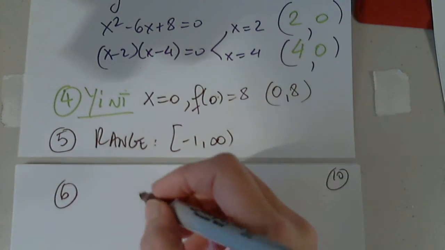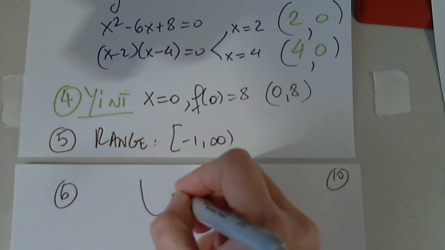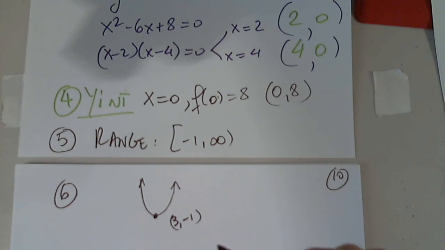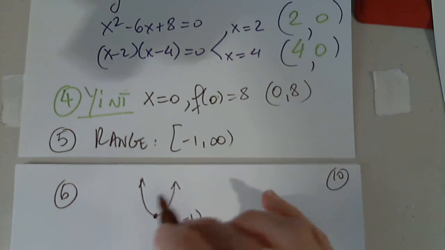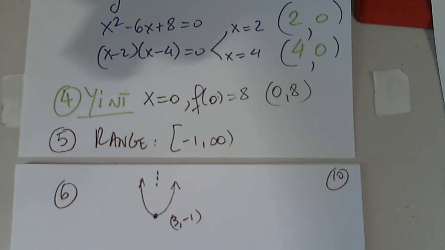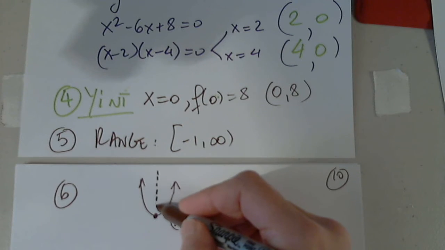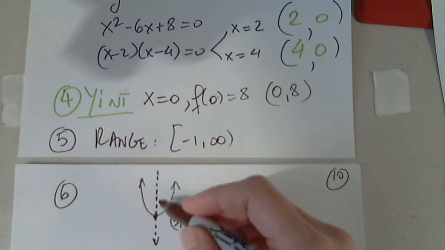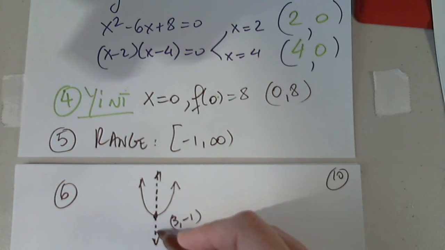So we know that the parabola will look like this. We know that this will be its vertex, which is 3 comma negative 1. We are not talking about odd or even functions. We know that there is a vertical line, not part of the graph, but this is the axis of symmetry.